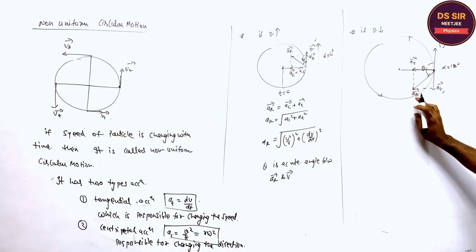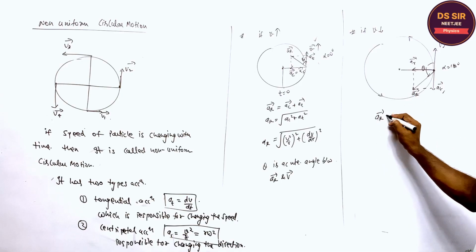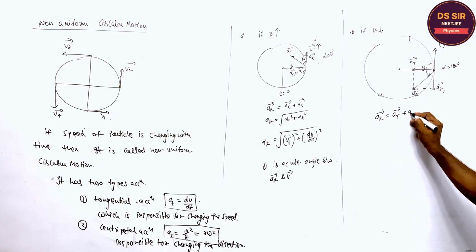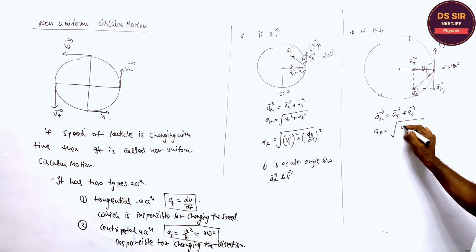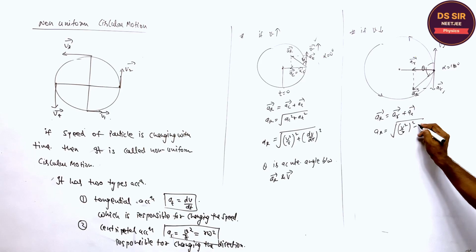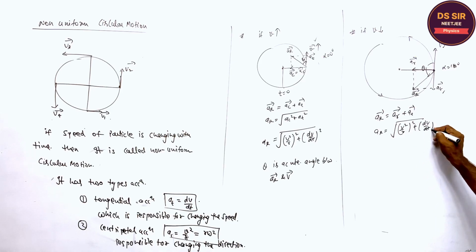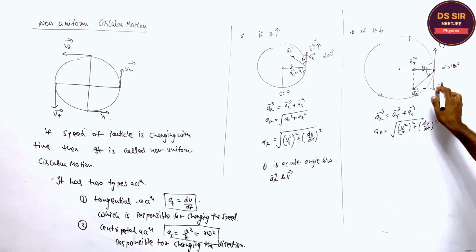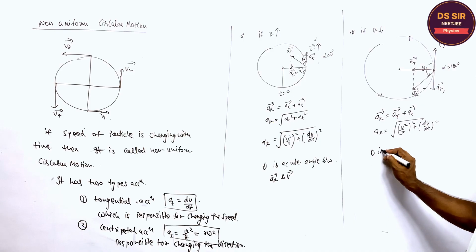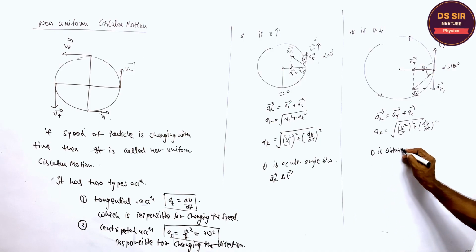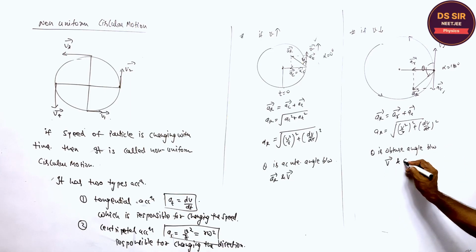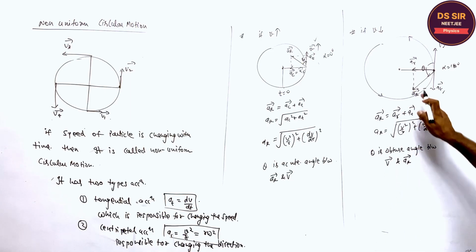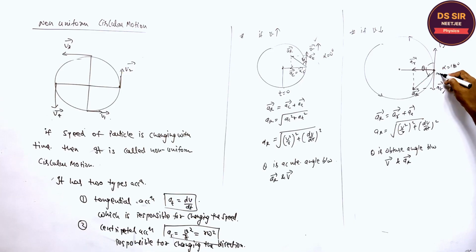In this case the resultant vector will be AR plus AT, and the same magnitude you will write: root over (v square by r) whole square plus (dv upon dt) whole square. Is it clear or not? But the angle theta is an obtuse angle between the velocity vector and the resultant acceleration of the particle of mass m. Is it clear or not?